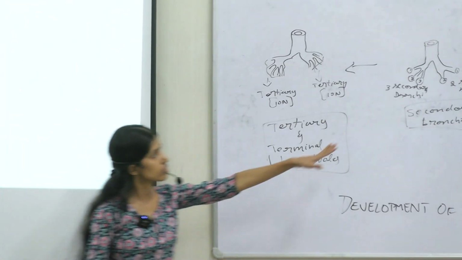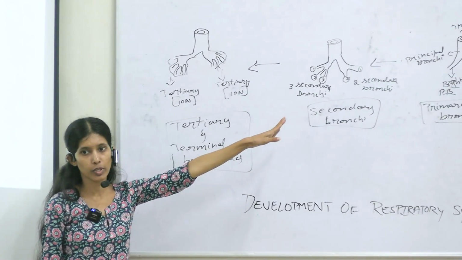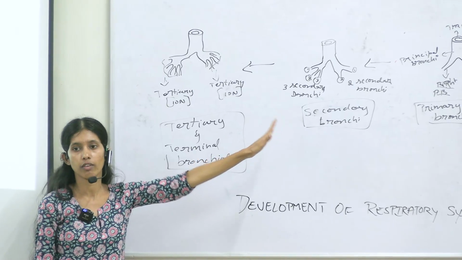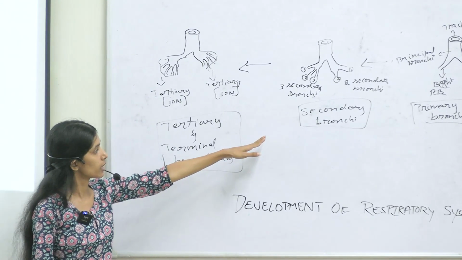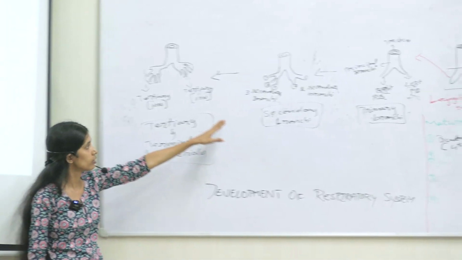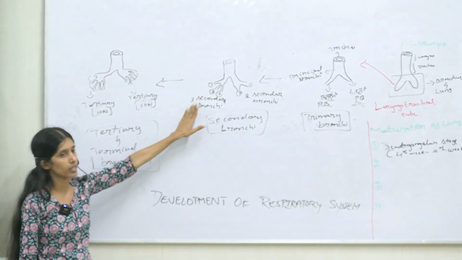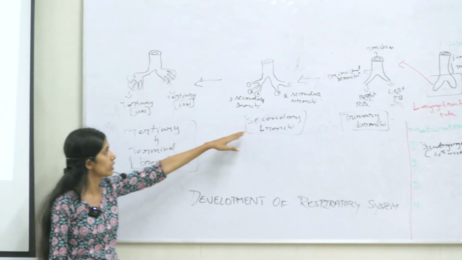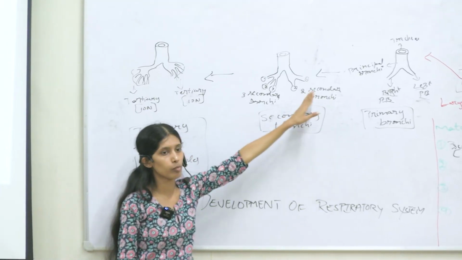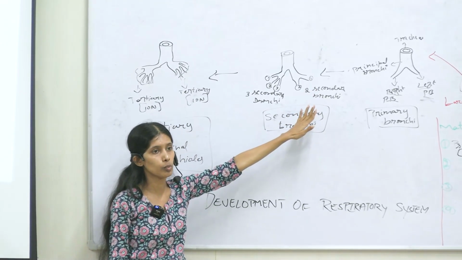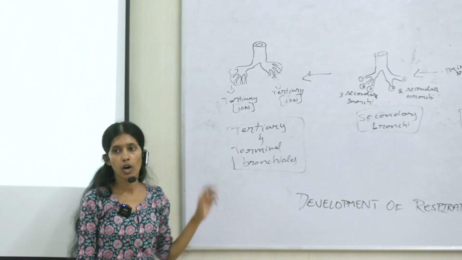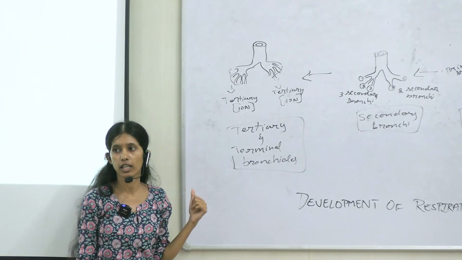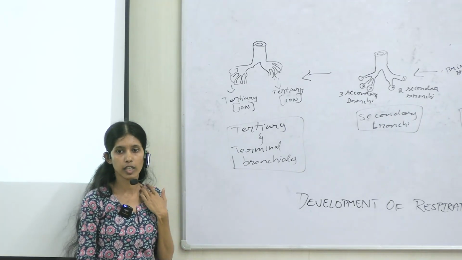First, we have principal bronchi formation. From the principal bronchi, we have right principal bronchi and left principal bronchi. In the secondary bronchi formation, from the right principal bronchi, we can see 3 secondary bronchi, and from the left principal bronchi, we have the formation of 2 secondary bronchi, then followed by the tertiary bronchi. On either side, we have 10 tertiary bronchi.